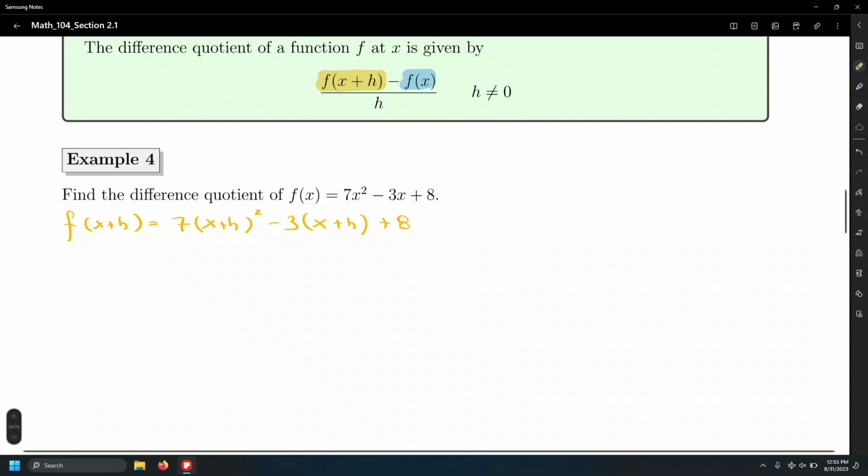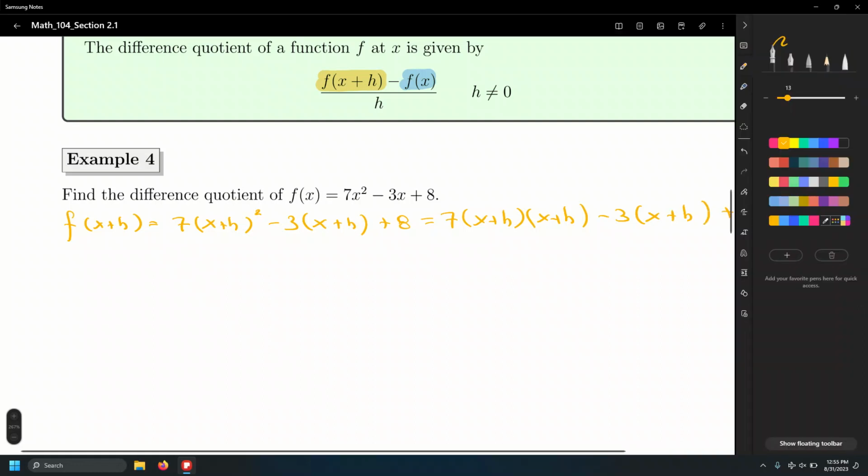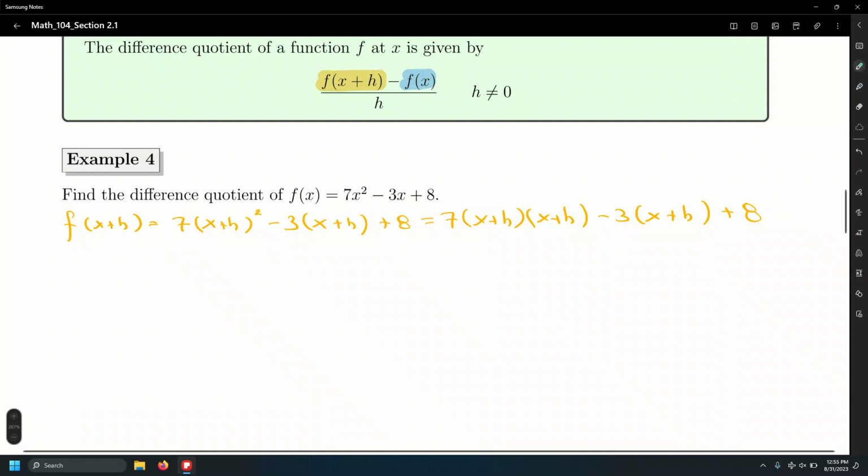Let's go about simplifying all these polynomials. So again, in this case, we will need to expand this binomial. We can do it by foiling it. So that's 7 times x plus h times x plus h minus 3 times the quantity x plus h plus 8. Well, for the second term, we can simply distribute the negative 3.